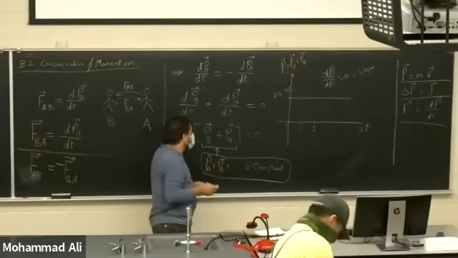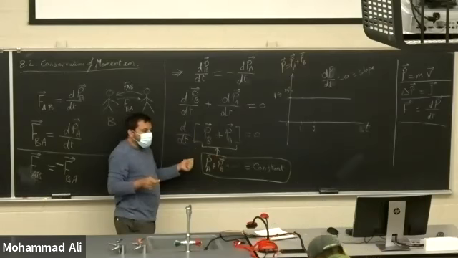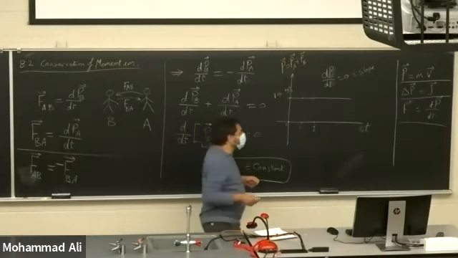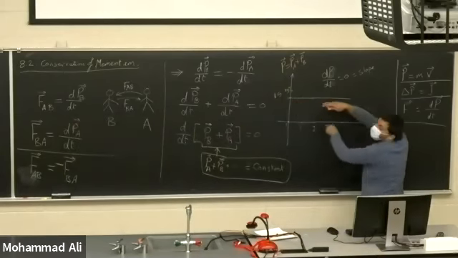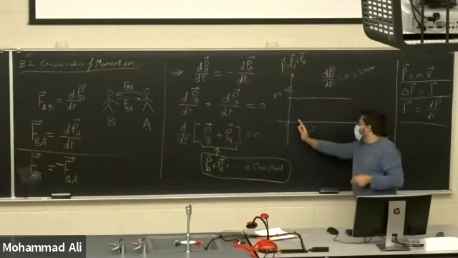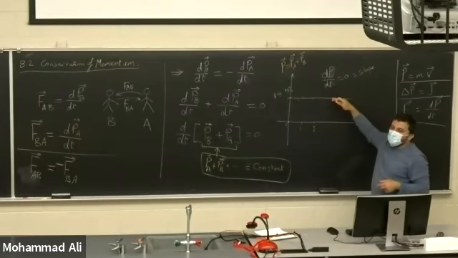By this we know that the momentum is conserved. By conserved, we mean it has a constant value. After 1 second, 2 seconds, 3 seconds, and so on, we have the same magnitude of momentum.